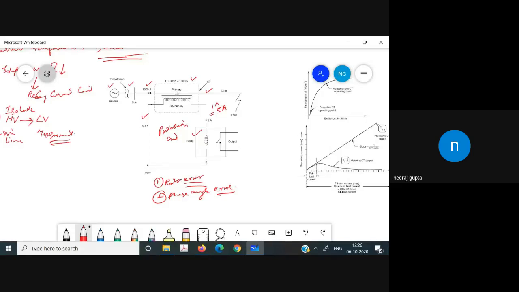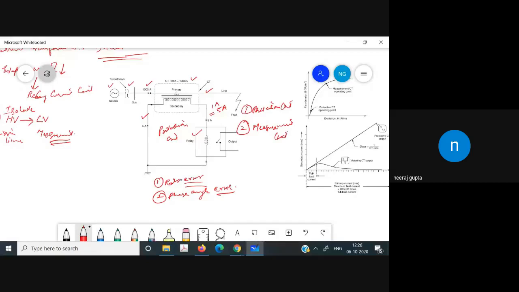transformers. However, if you see the application of this current transformer, it can be used for the protection circuit and for the measurement circuit.